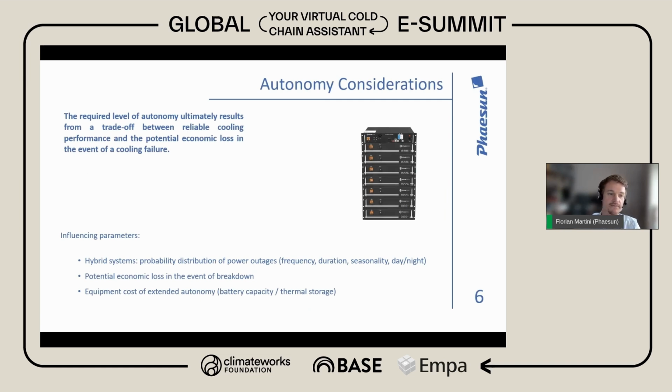And the influencing parameters for calculating the autonomy are, first, for hybrid cold rooms, you have to understand the probability distribution of power outages, meaning how often are they, how long are they normally, is there any seasonality, meaning are the power outages mainly maybe in dry season? However, in rainy season, you depend mostly on the cold room as then it's harvesting season.